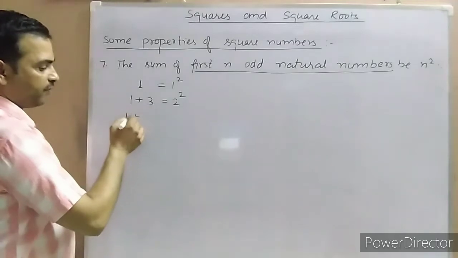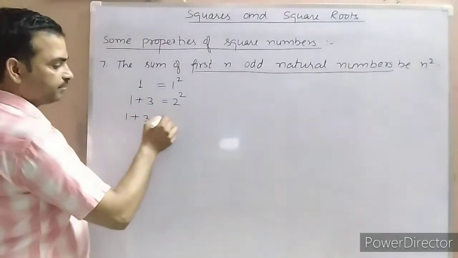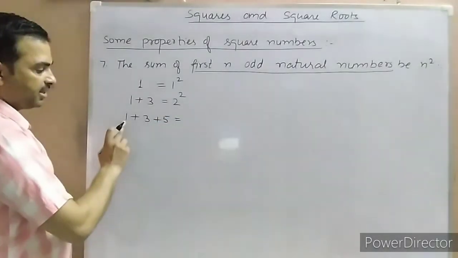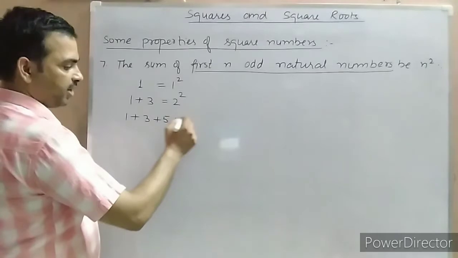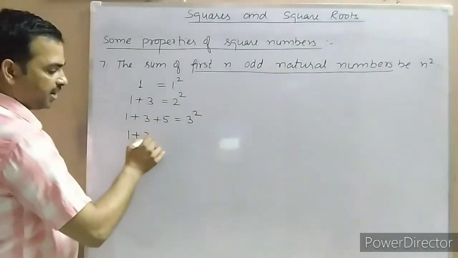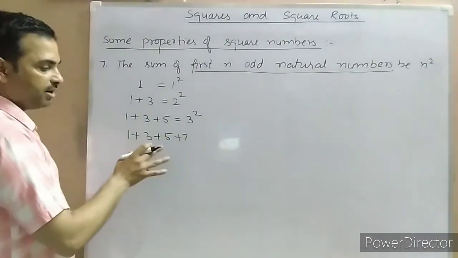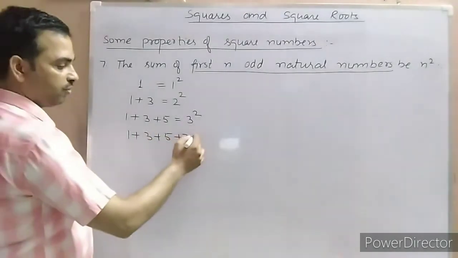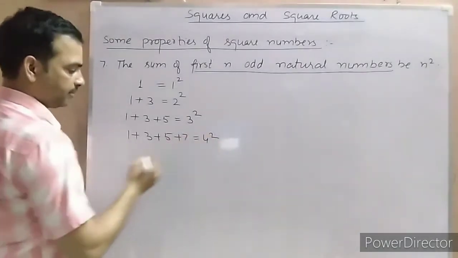What is the sum of the first 3 odd natural numbers, 1 plus 3 plus 5? How many numbers are there? 1, 2, 3 in counting. So the sum of these 3 odd natural numbers is 3 square. Similarly, 1 plus 3 plus 5 plus 7: there are 4 odd natural numbers, so the sum will be 4 square.